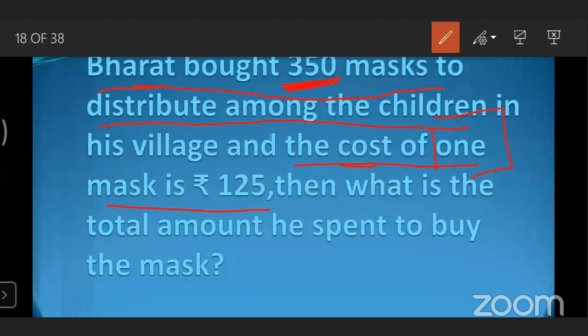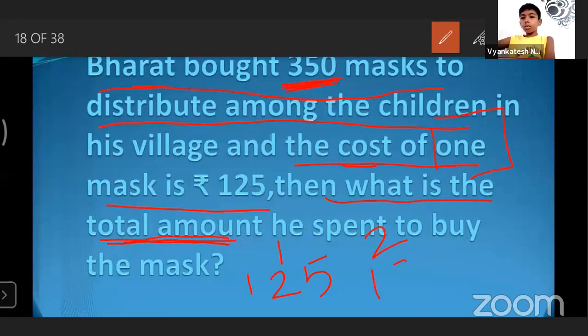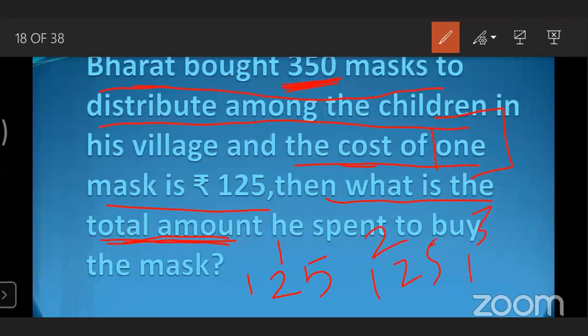And the cost of one mask is 125. Then what is the total amount? We have to find out the total amount spent to buy 350 masks. See, if the price of one mask is 125, second mask 125, third mask 125, like this way we have to find out the total amount of 350 masks.